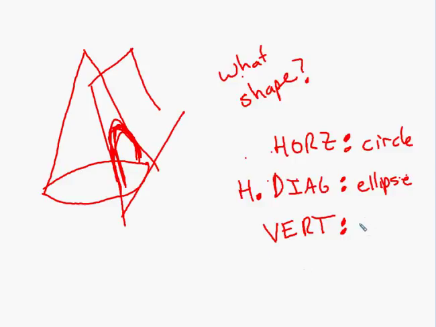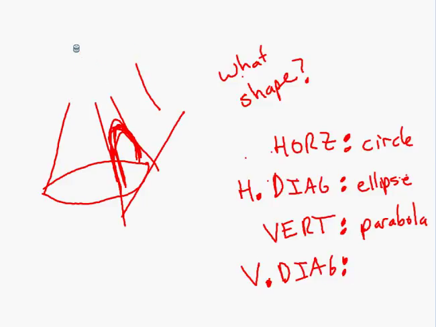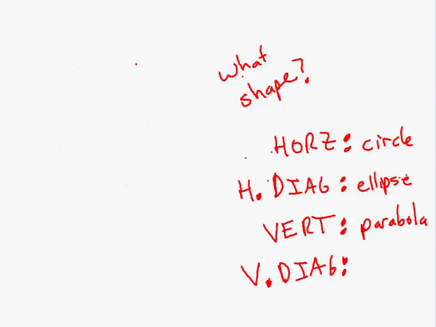If I went straight down vertically, that'd be a parabola. Now, if I did it vertically but diagonal, this one's going to be hard to picture. Hard for me to draw, anyway.